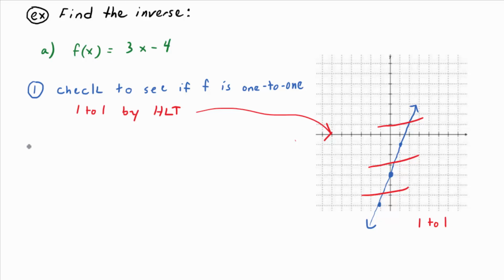Okay, number 2, once you've verified it's one-to-one, the following steps are a recipe for finding the inverse function. First of all, so that the symbolism is easier to deal with, you're going to replace f of x with y.